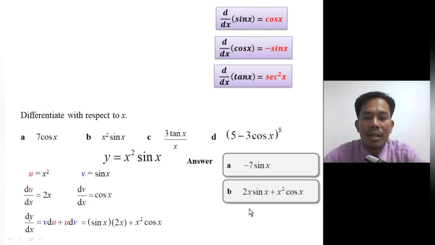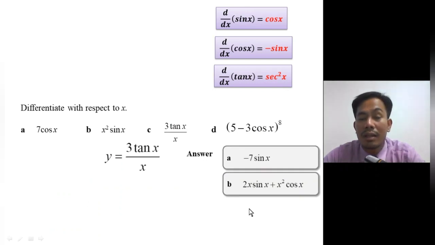Okay, letter C, we will be using the quotient rule. Why quotient rule? We are dividing two expressions. I have 3 tangent x as the first expression divided by the second expression, x. Remember that the derivative of tangent x is secant squared x. Basically you have to represent them with u and v.